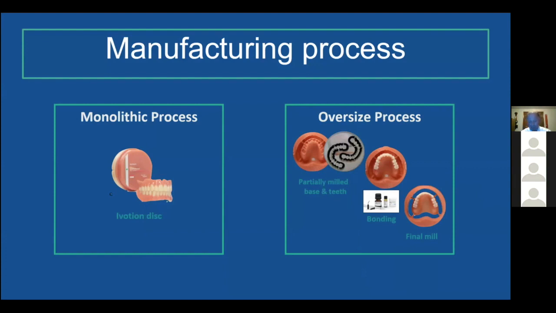It's the only mill that can do the monolithic process, and it also provides a much more facilitated technique for doing what I call the oversize process. We'll get into a little more detail.